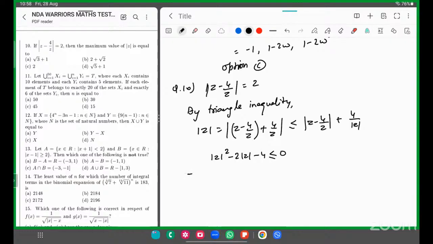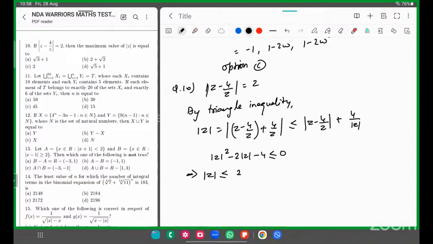This implies mod z is less than or equal to, I will write like this, by quadratic formula. If we want to find out the roots for this equation, how can we write it?